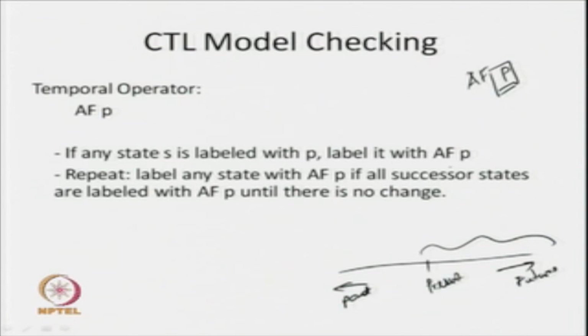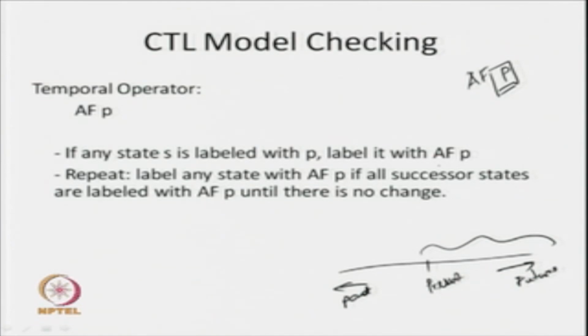So, this is the first step we are doing, then we are going to repeat: label any state with AFP if all successor states are labeled with AFP, until there is no change. So, now what will happen? First, this is our base condition: the set of states where P is true, we are going to label those particular states with the formula AFP.